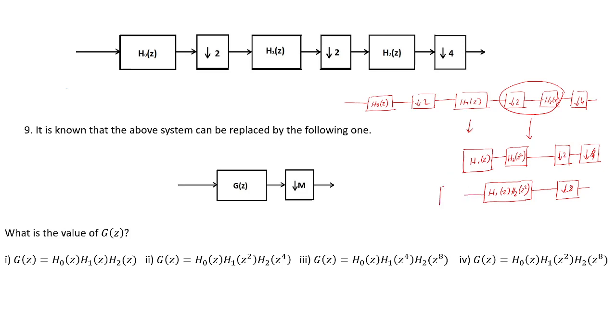Now here we have this downsampler block again, and at the beginning H naught of Z. Now from the previous example, we are bringing this filter before the downsampling operation, so it becomes H naught of Z, H1 of Z square and H2 of Z to the power 4 here.